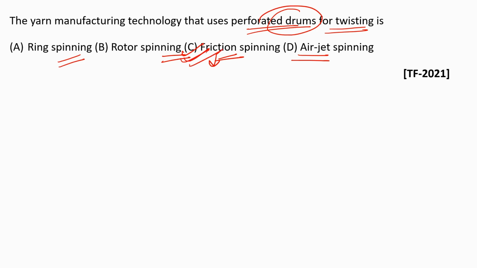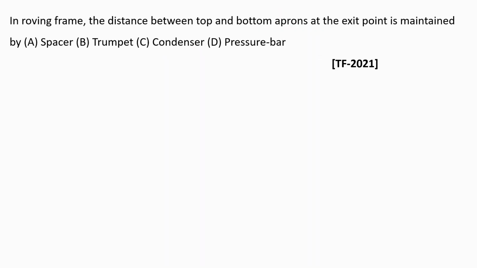Now coming to the next question. This question says: in the roving frame, the distance between the top and bottom aprons at the exit point is maintained by. If you have read about the roving frame and ring frame, these are all yarn manufacturing processes, and the machines, the equipment, and the proper functions of the individual parts are very important.